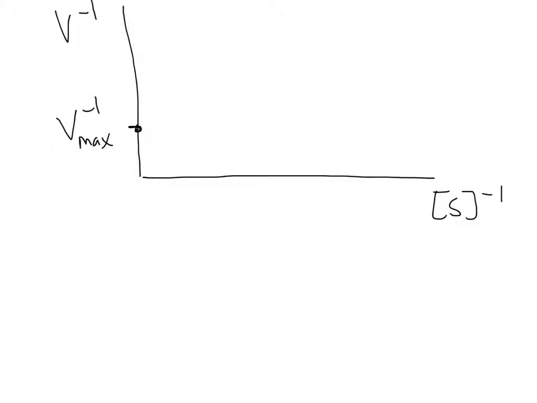Let me draw the uninhibited reaction right here. Now remember that the uninhibited reaction has a slope which is Km over V, which is Km over Vmax.